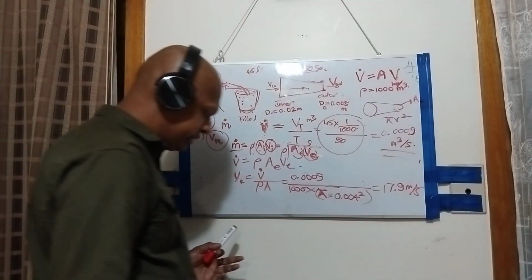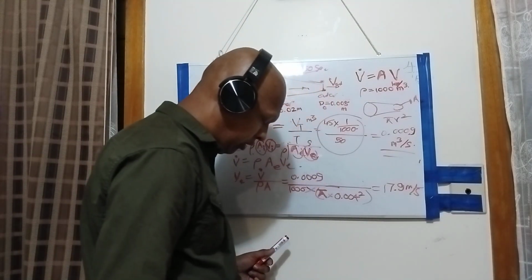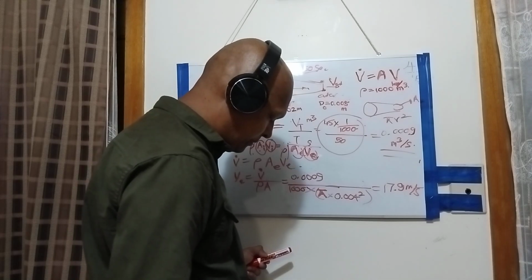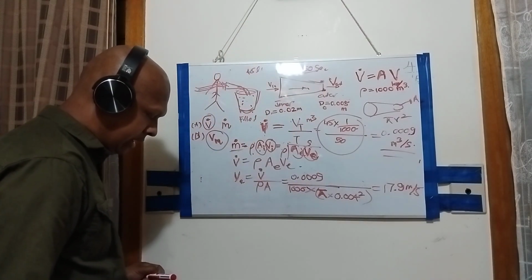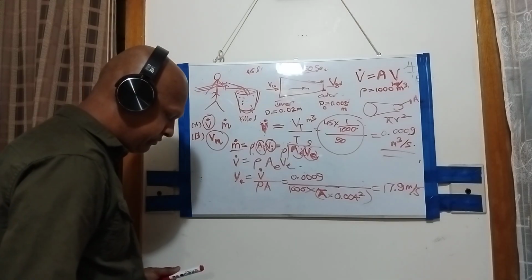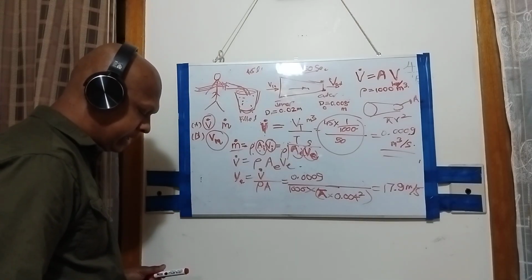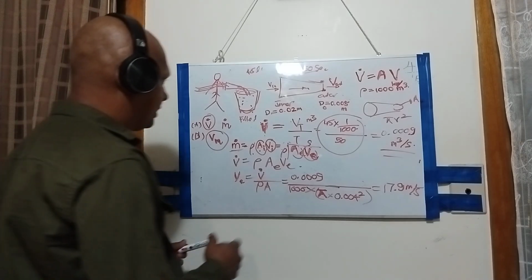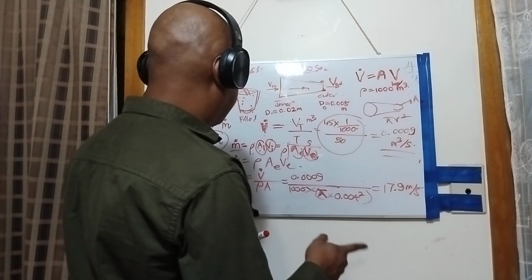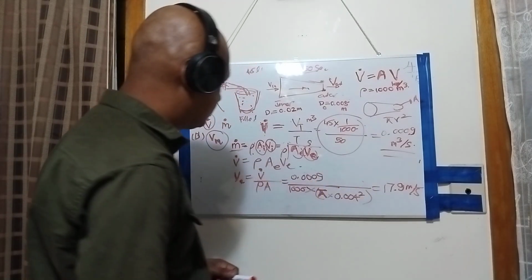And now using this, now we can calculate the inlet. What we haven't calculated now is the mass flow rate.